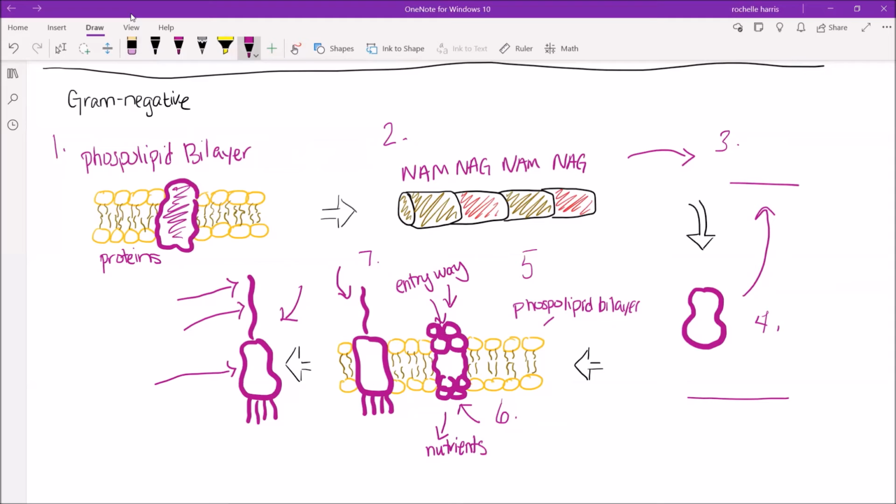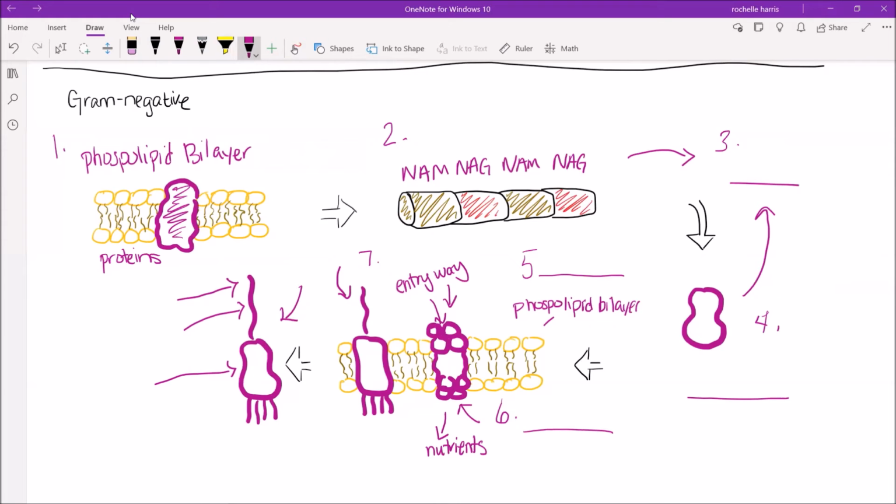Next one, we have our next layer of the gram-negative, and you tell me what that layer is. It is a phospholipid bilayer that has another one that is embedded with proteins. And a specific protein, you can tell me what that is here.